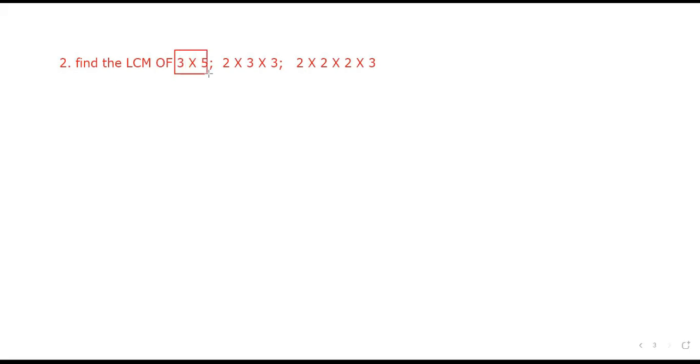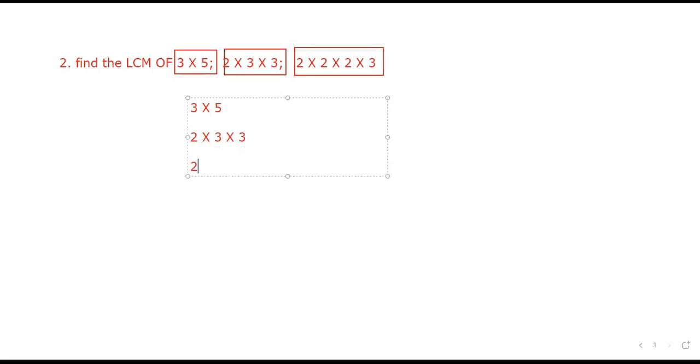These are basically three numbers, so I'm going to write them out. So I have 3 times 5, and then I have 2 times 3 times 3.